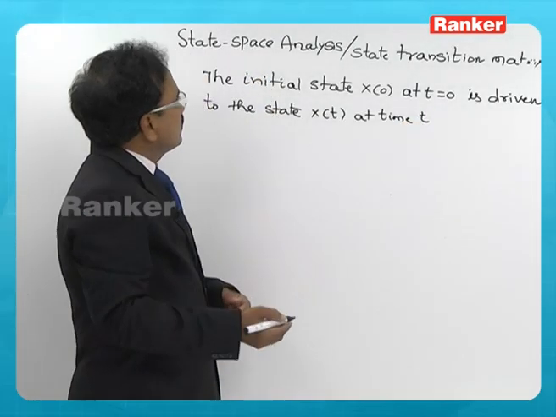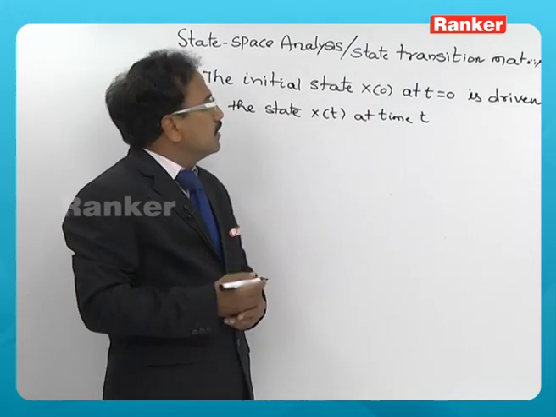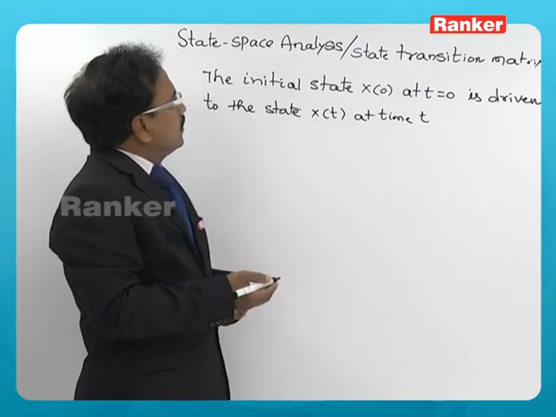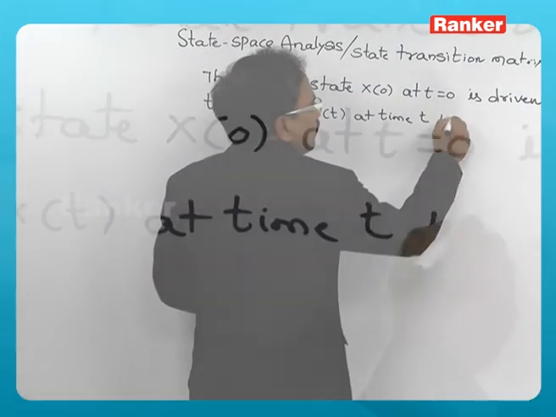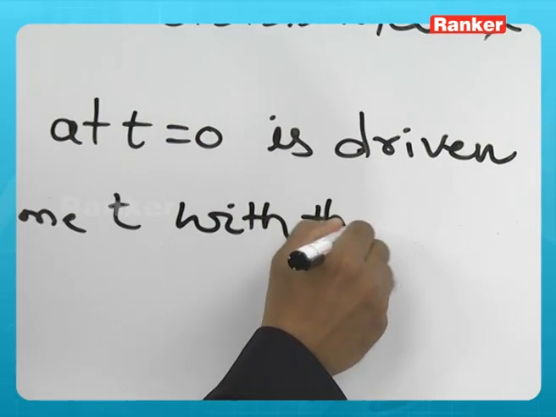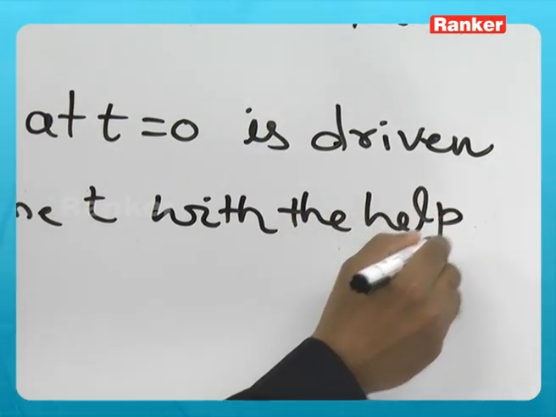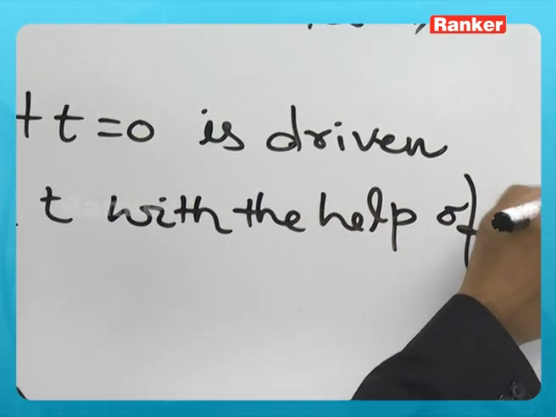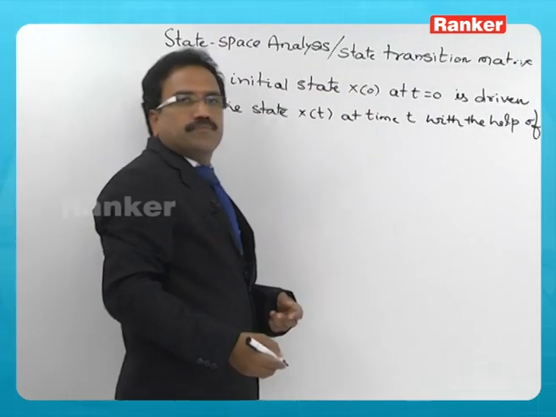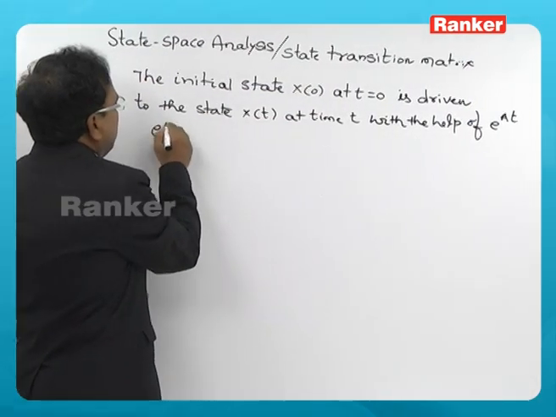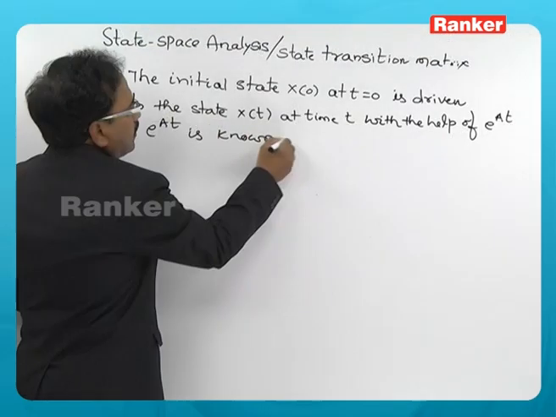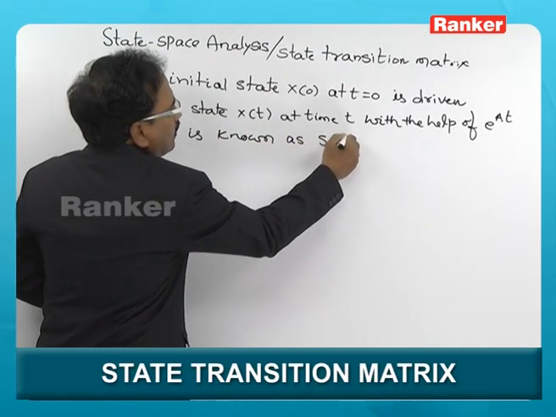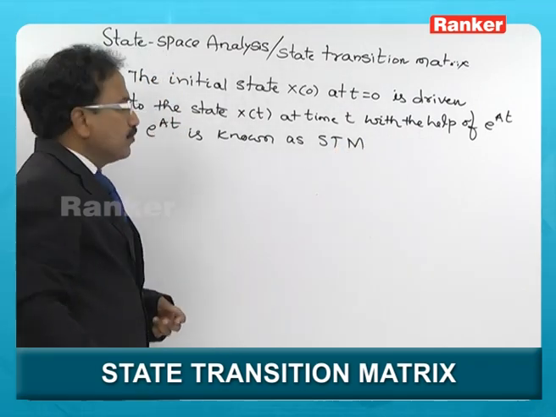So, this happens: the initial state x of 0 is transferred to the state x of t at time t with the help of a matrix e to the power At. That is why e to the power At is known as STM, state transition matrix.